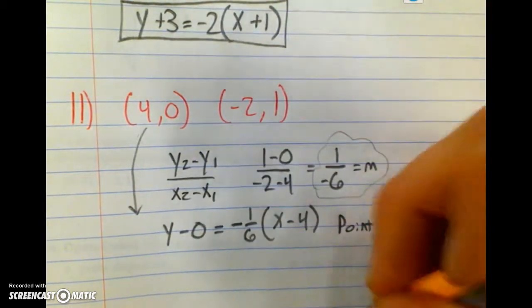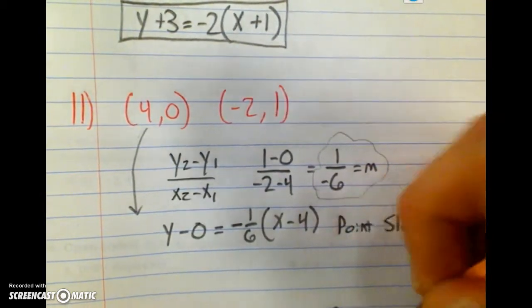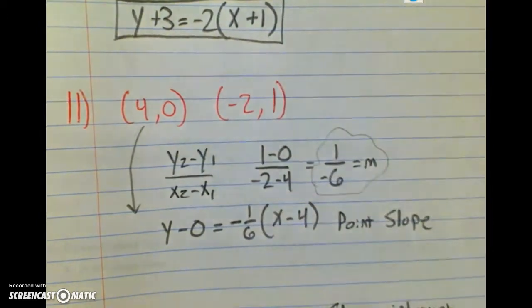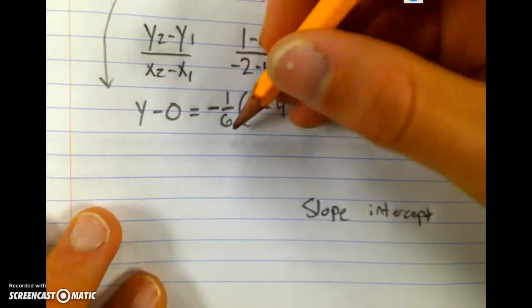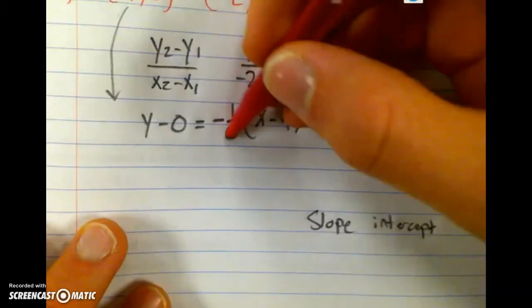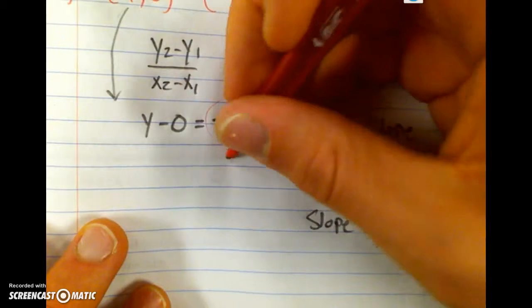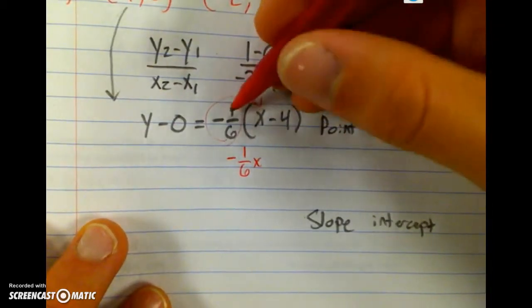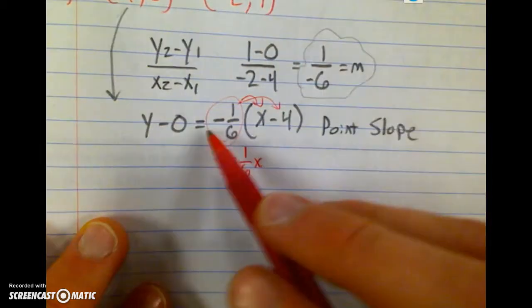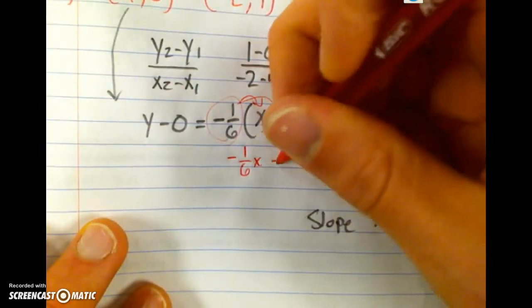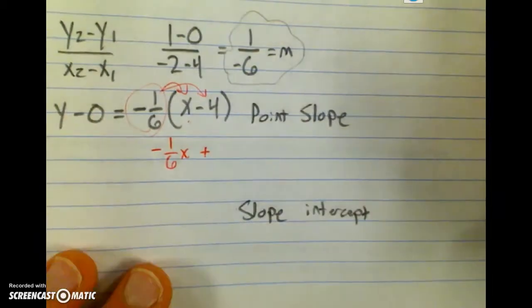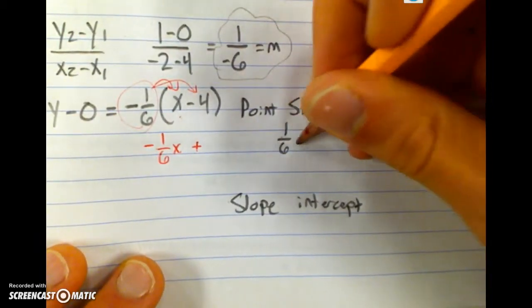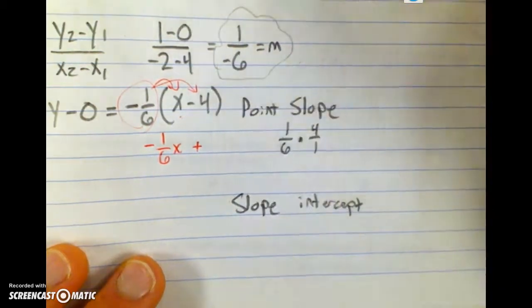Now we need to go to slope intercept form, and the way we'll do this is by distributing. So I'm going to take this negative 1 over 6, multiply here to get negative 1 over 6 x. And then when I multiply here, I'm going to get a positive. Then over here, we'll work out negative 1 over 6 times negative 4 over 1.